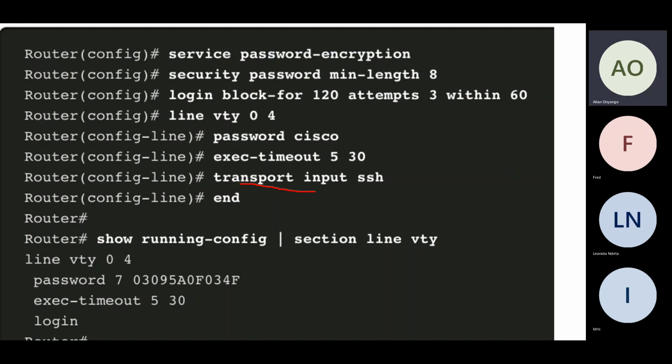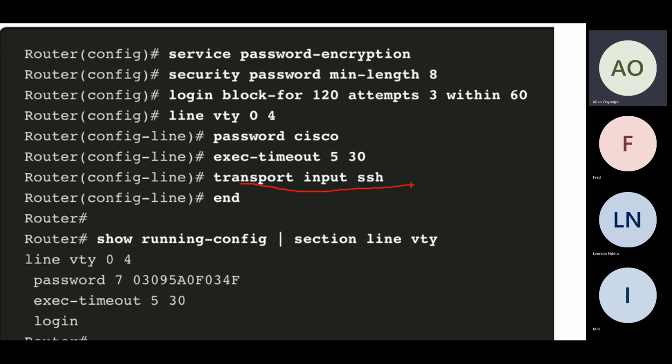I can also mention something here. Transport input SSH. When you say transport input SSH, what we are trying to do is minimize such that only SSH should be used to access this device.